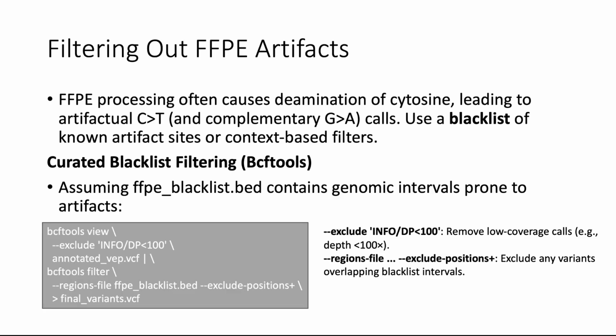Different types of samples have different artifacts, and there are tools available which are able to use blacklists of known artifact sites or context-based filters which could be applied on our VCF file. For example, VCFtools could use curated blacklist filtering for this task.